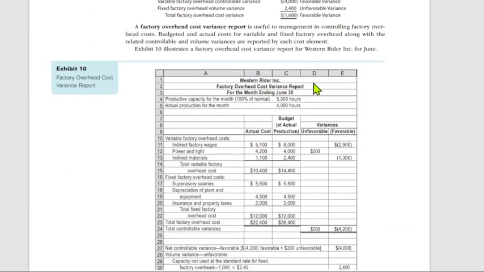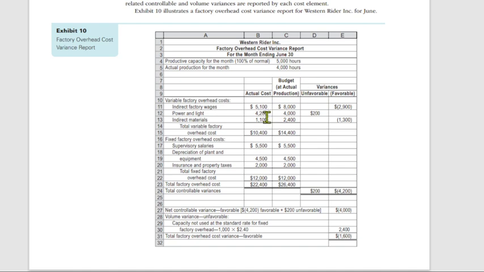Okay. So how do we report the factory overhead cost variance? So we look at this. We have a column for the actual cost, we have a column for our budget, and then we identify the variances. So yung mga naka-negative amounts, that is referred to as the favorable variances. So ipapakita lang din natin yung net effect nun. Diba?